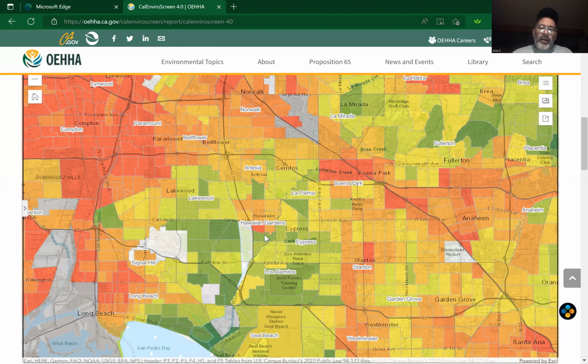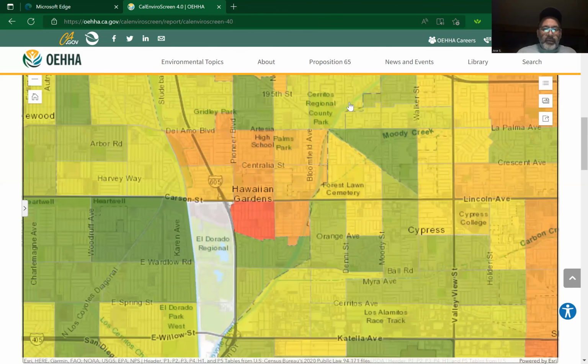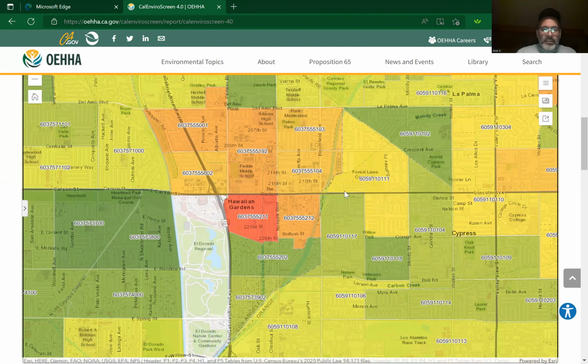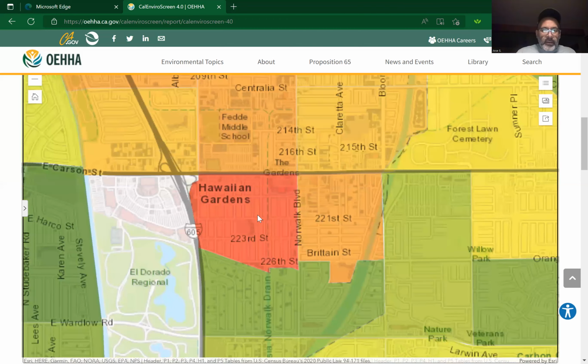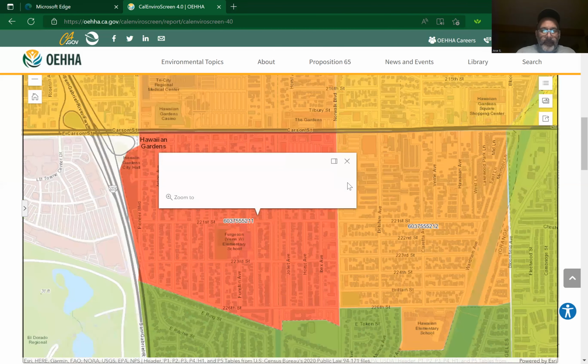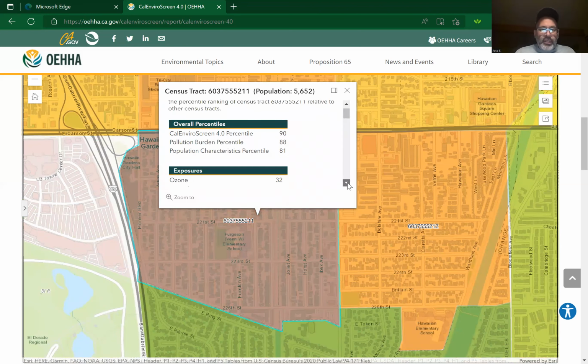And I know Hawaiian Gardens is more impoverished. I don't know the streets, but you see this little area that is red, and these other areas are green. So is this the main part where the people are concentrated?